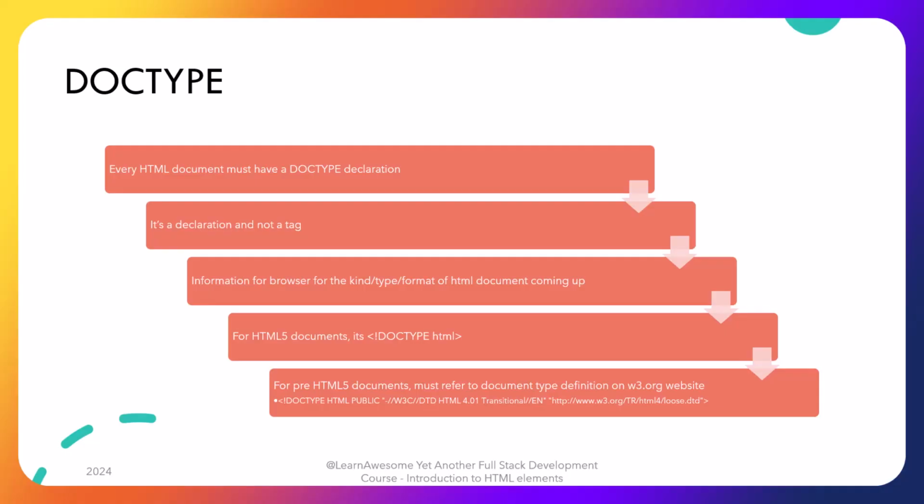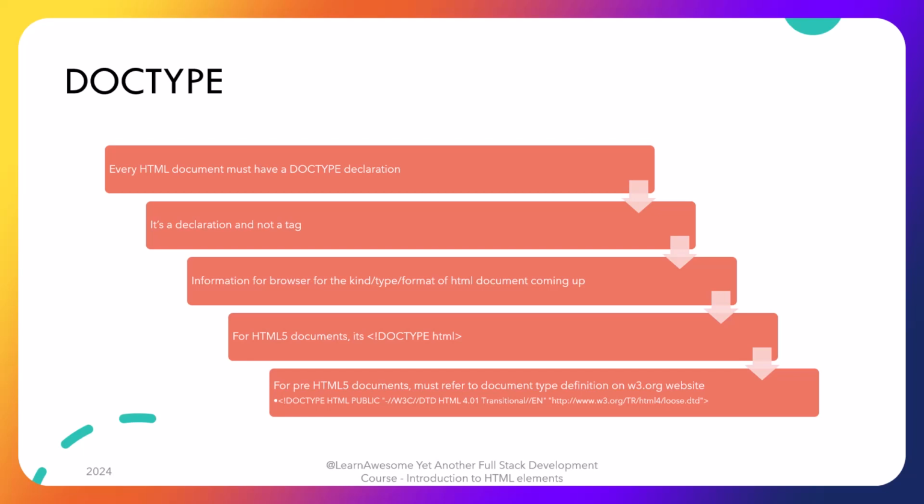Alright, so let's begin with the doctype declaration. Note that all HTML documents must start with this declaration. And this is not an HTML tag, it's a declaration. This is information to the browser about what document type to expect. It essentially tells the browser which document type definition standard the contents of this file should be evaluated against.